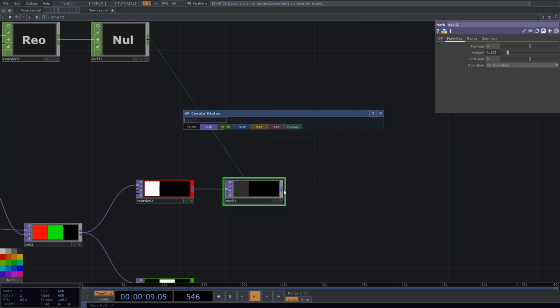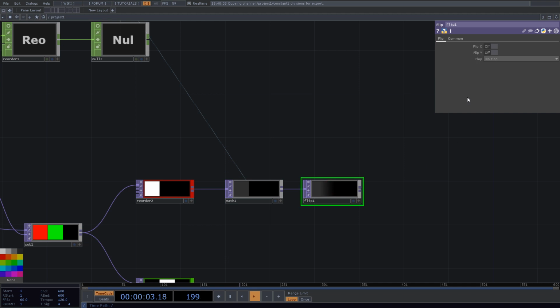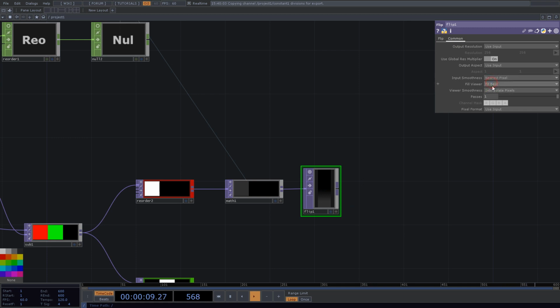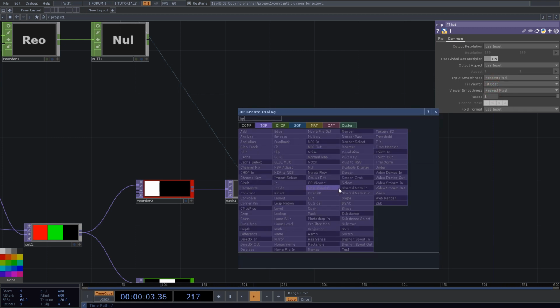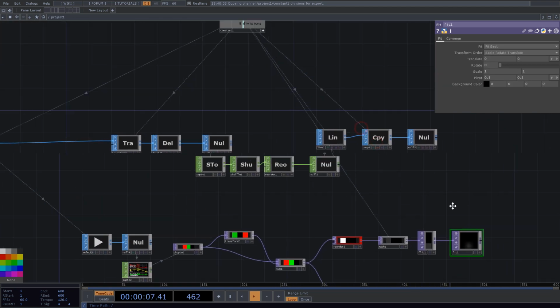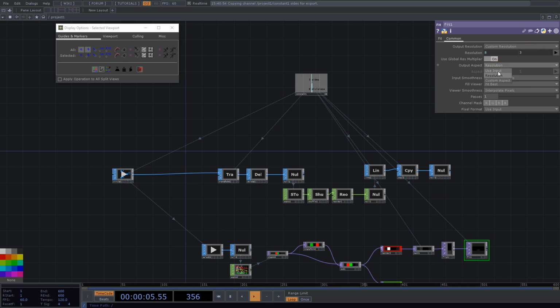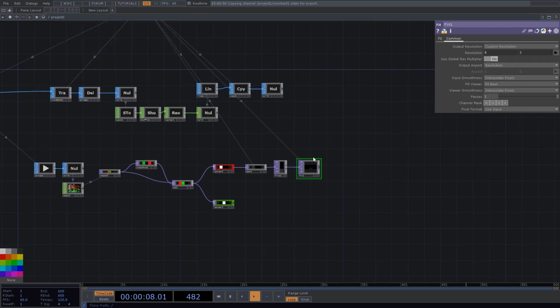So I have to flip this bottom left, okay, and put it in a fit top by this resolution, okay.